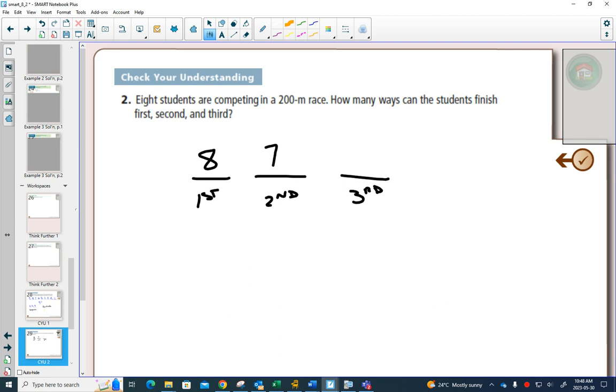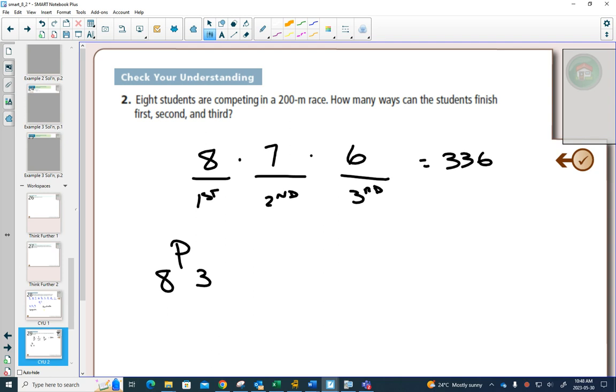And then 6 choices for third. You'd multiply those together, and we already figured out this math from the beginning, to be 336. Now, according to the permutations formula, you have 8 objects, in this case the objects are people, and you are doing permutations with 3 of them.